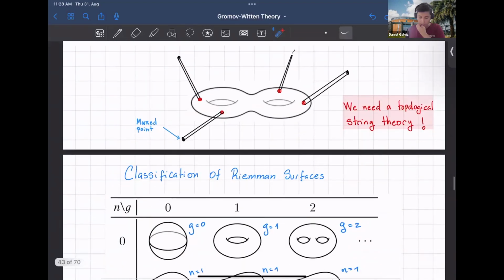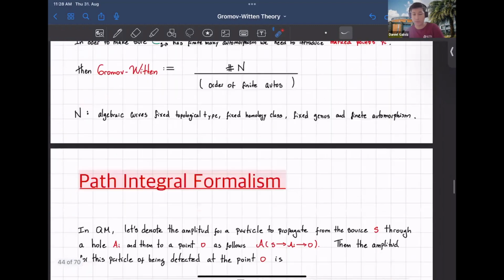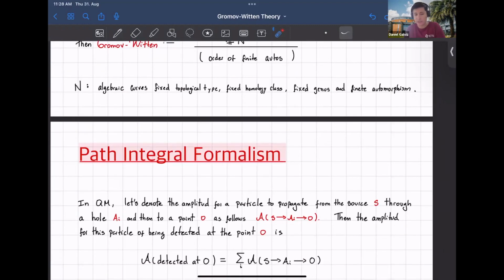Okay, so, path integral formulation. Usually people talking about Gromov-Witten theory don't really talk about physics too much. They say the correlation functions of the string theory are related to the Gromov-Witten invariants.